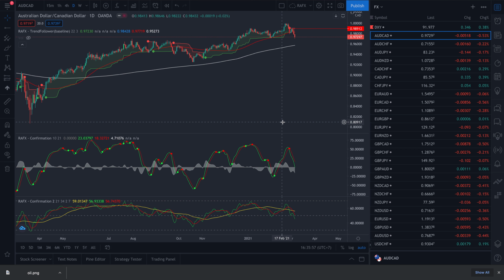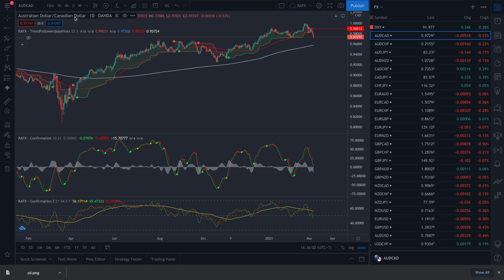So basically how I trade is, first I check the daily chart, because the daily chart is my trend bias. If the pair is in an uptrend, of course we are going to look for long trades, and if the pair is in a downtrend, I am going to look for a short trade.